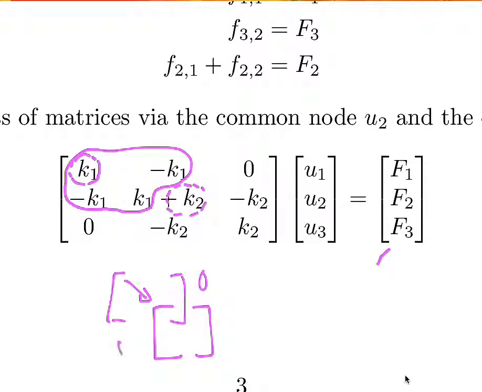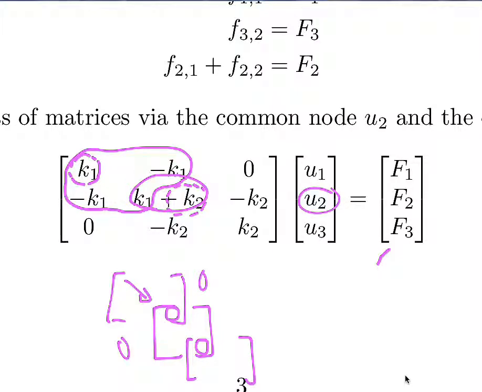The rest of the matrix will be 0, and therefore the structure is such that we can create as many as needed with some overlap with the sum in between, and you can see the overlap is right here on the connection at U2.